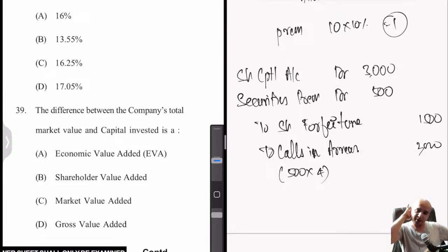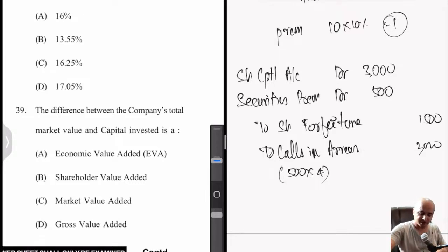So what does it do? Basically, it is a measure of the value of the company which has been created for its shareholders since the time of its inception. How do we calculate? We calculate it by subtracting the total amount of capital that has been invested in the company from its current market value. If it results in positive market value, then we say the company has actually added value to the shareholders. If it is a negative MVA, then we say the company has destroyed the value for its shareholders.